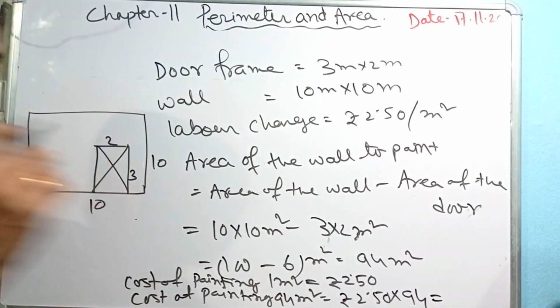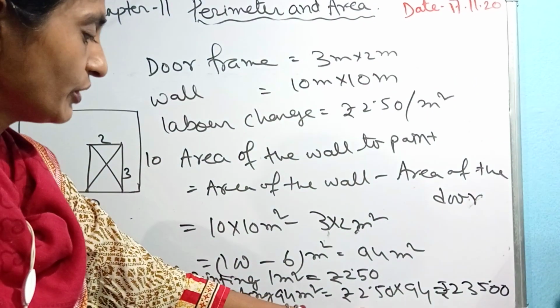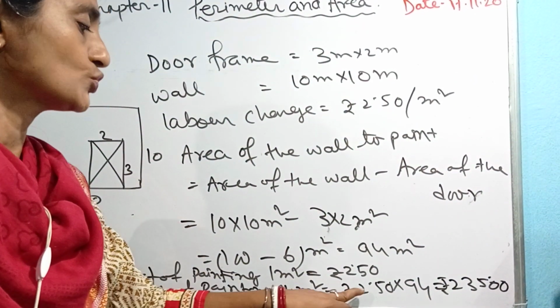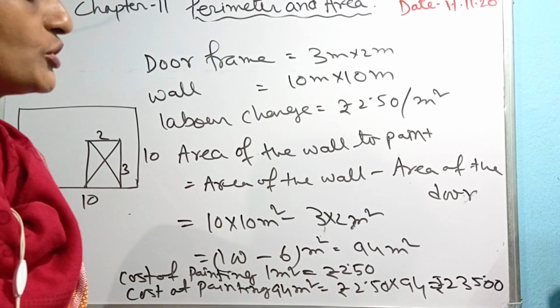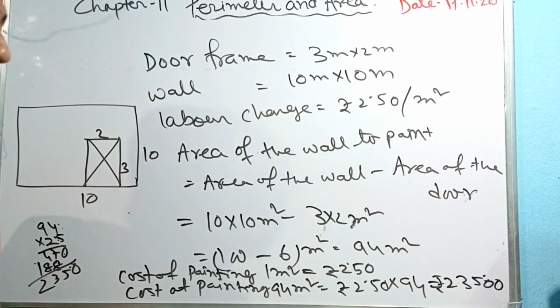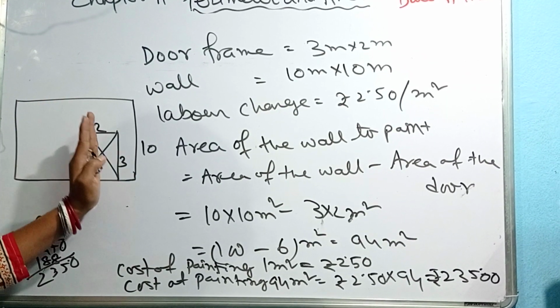So how much are we getting? When we multiply 94 into rupees 2.50, we get the cost as rupees 235. Okay, so this is the total cost he has to pay for painting the remaining wall excluding that door part.